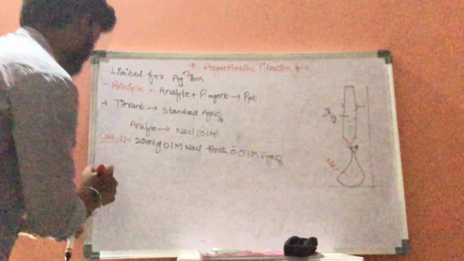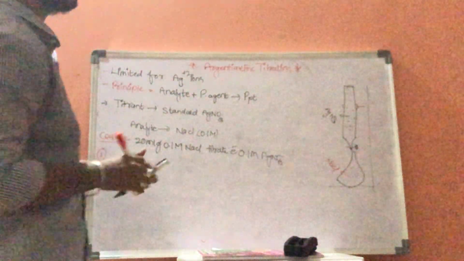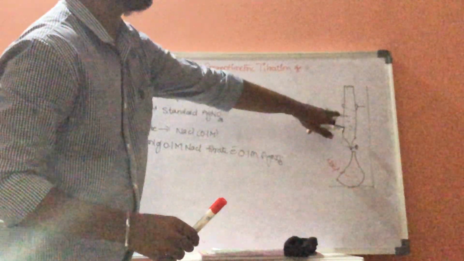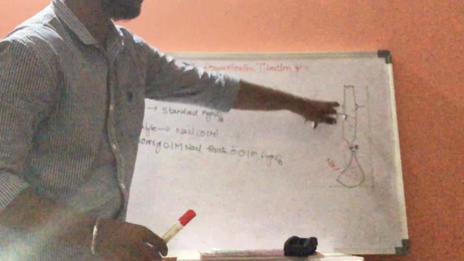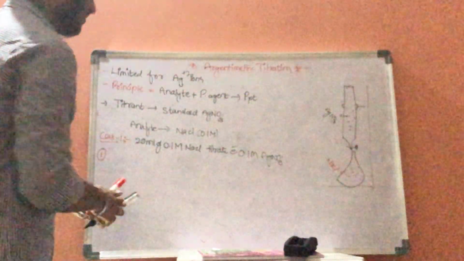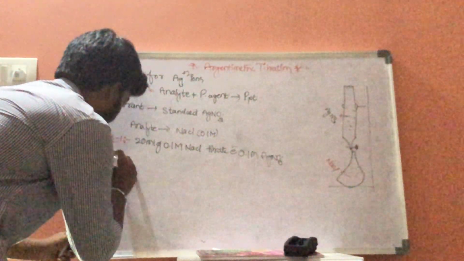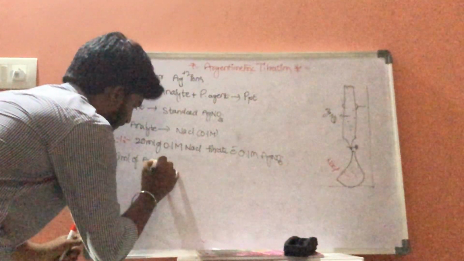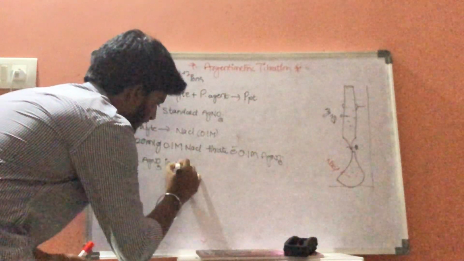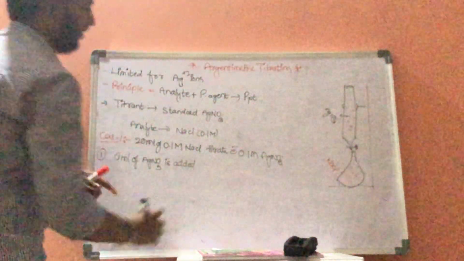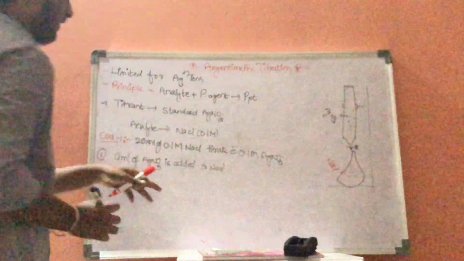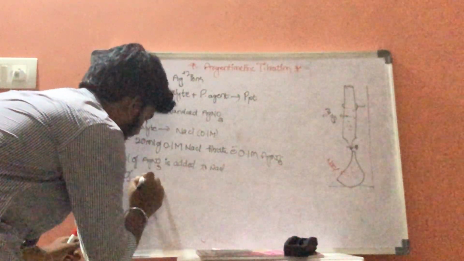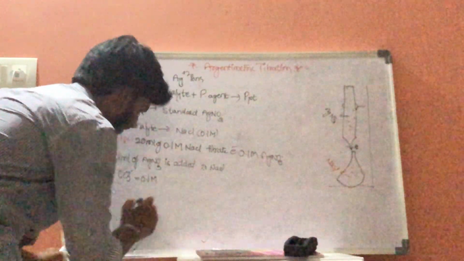In the first case, when 0 ml of AgNO3 is added to sodium chloride, the concentration of chloride ions is 0.1 molar.